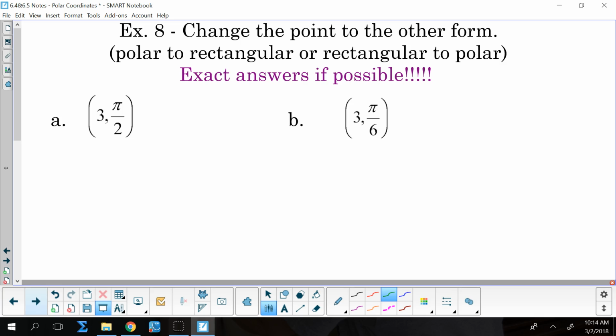So, 3 comma pi over 2. Which form is that in? That's polar because pi over 2 is an angle.